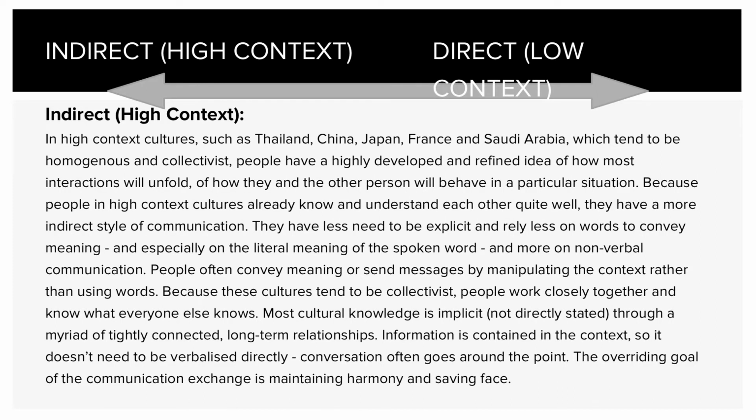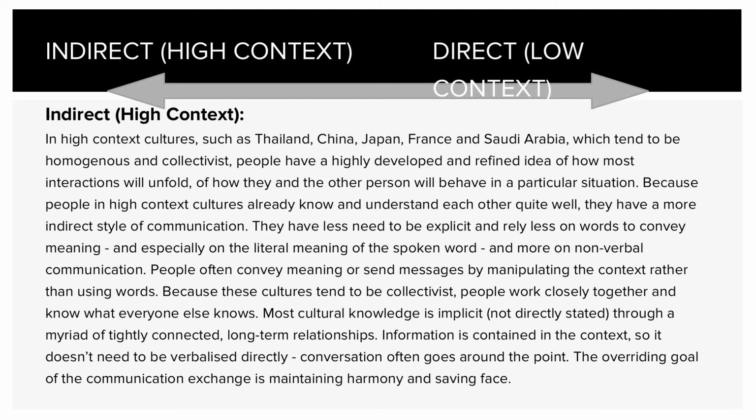Indirect or high context. In high context cultures such as Thailand, China, Japan, France, and Saudi Arabia, which tend to be homogeneous and collectivist, people have a highly developed and refined idea of how most interactions will unfold, of how they and the person will behave in a particular situation.